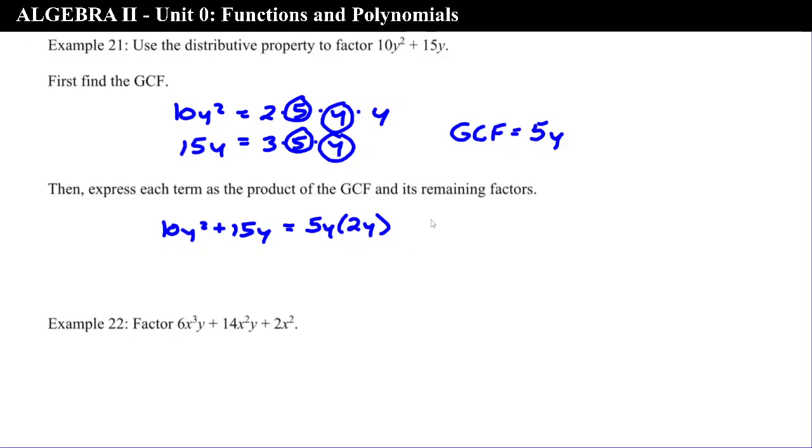So you can always do a quick check to make sure that you pulled everything out correctly. And then we have 5y. If we pull 5y out of the second term, the y is pulled out completely. And when we pull 5 out of 15, we end up with 3 left. And then we finally write our answer as 5y times 2y plus 3. We just factor out our 5y term.